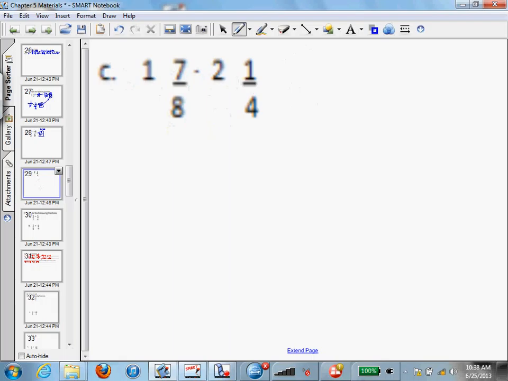Now if we look at C, we have some mixed numbers in the pile. The best thing to do is to think about these two being added together and these two being added together. So you have to think of this in two separate mindsets.